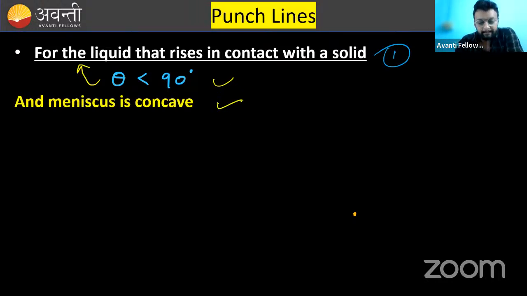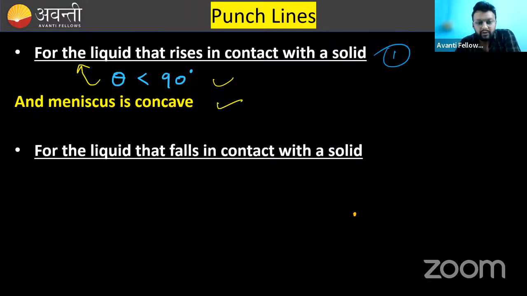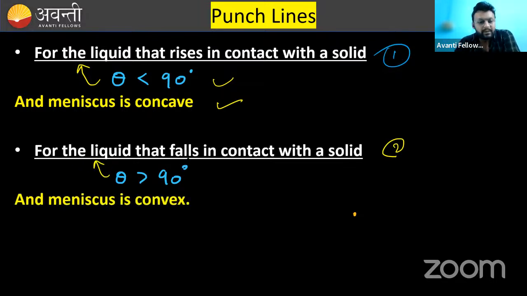That's another point. Now, for the liquid that falls in contact with a solid, this is our second case. From the second case, you can see theta is greater than 90. You can see it also as a reverse process: if theta is greater than 90, the liquid will fall. The meniscus will be convex.